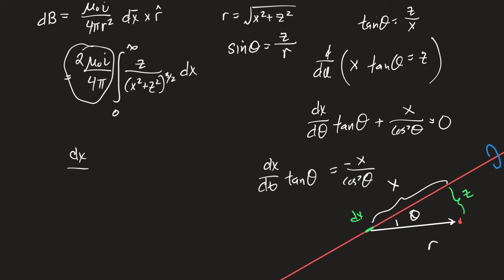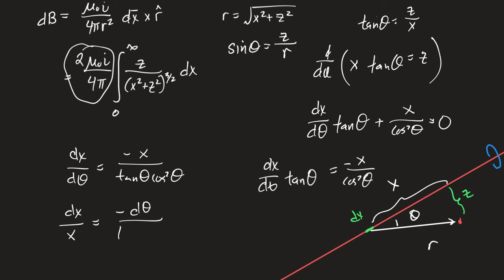So dx over d theta equals minus x over tan theta cosine squared theta. Divide both sides by x. So dx over x equals minus d theta over tan theta cosine squared theta.